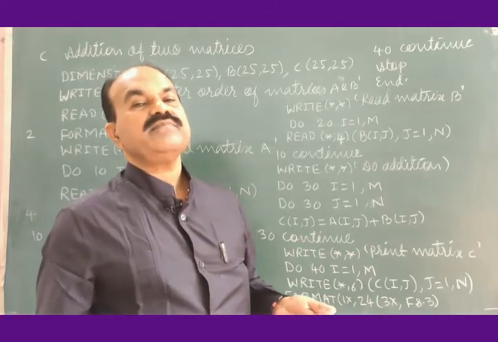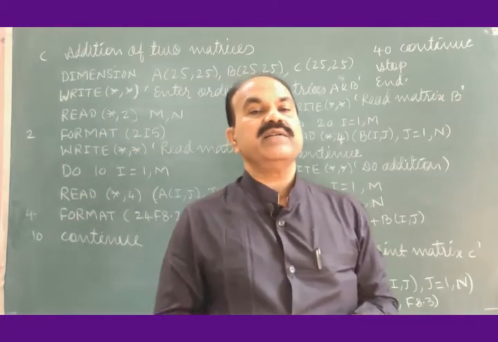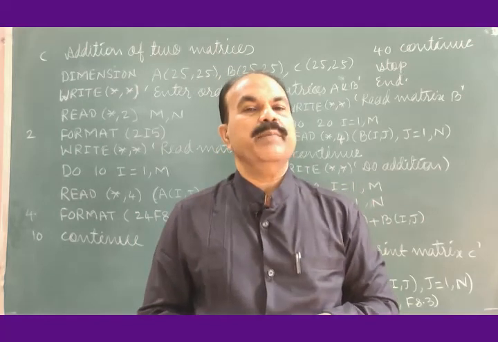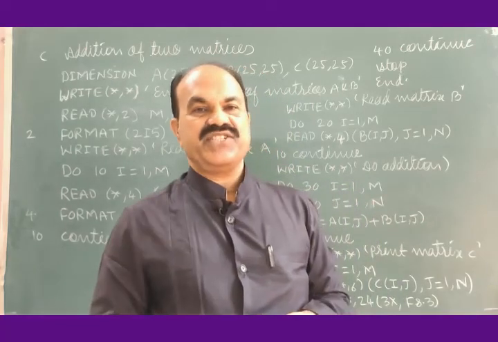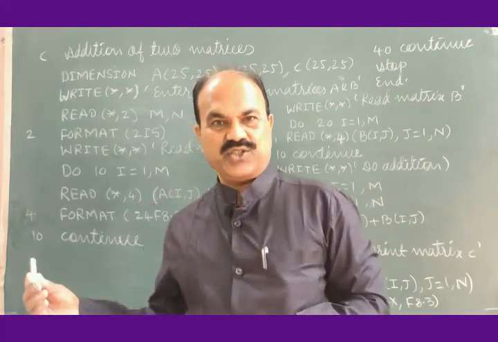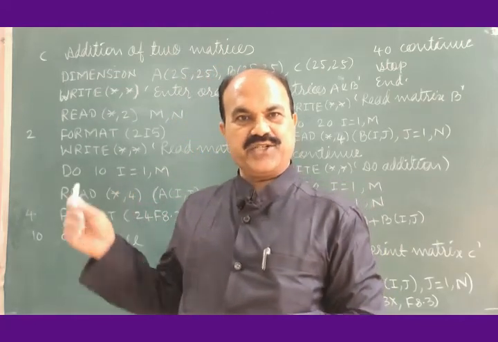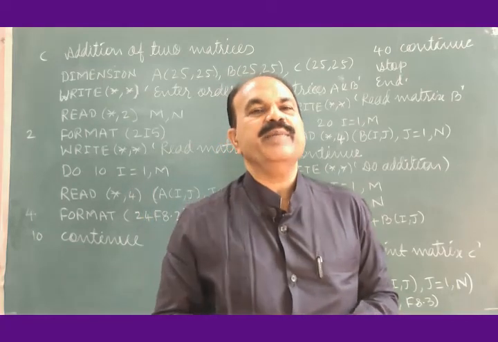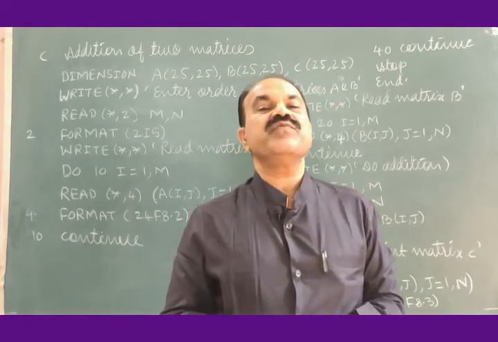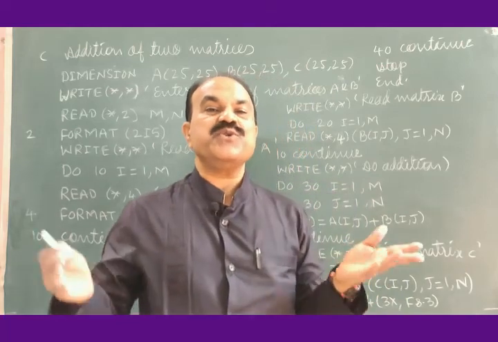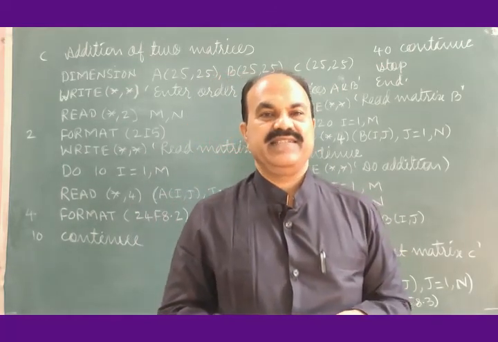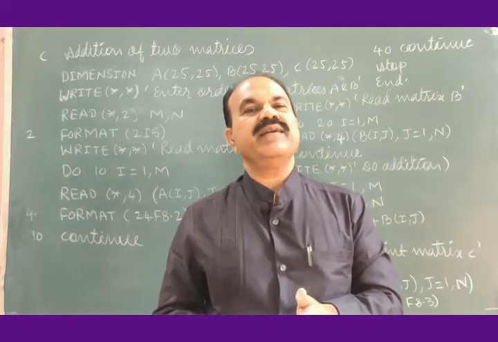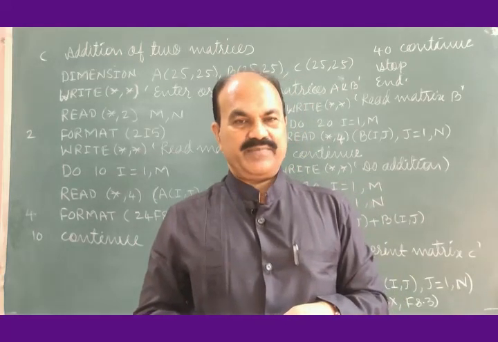This way, if you know algebra of matrices, for example, multiplication of matrices, it is not simple like addition or subtraction. You need to know the formula, the way of taking multiplication, and the condition for the two matrices which are to be multiplied. If that condition is met, then only the multiplication will be done, otherwise the multiplication will not be done.